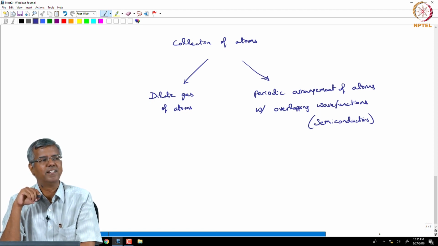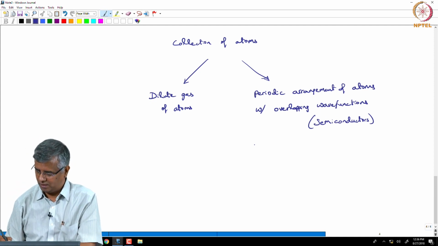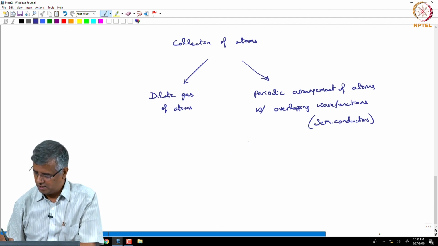A particular characteristic of semiconductors. Band gap, right? You have this concept of band gap coming into the picture based on the periodicity with which the potential wells are located, and the overlapping wave functions.